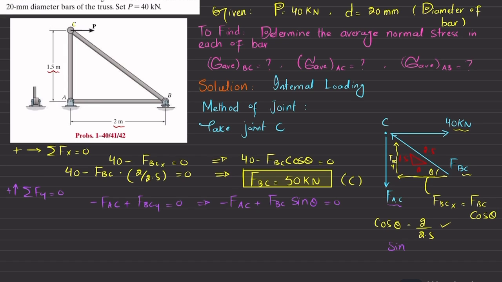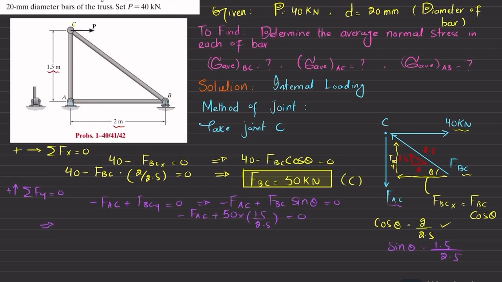And sine theta, you can see, is equal to perpendicular, which is 1.5, divided by hypotenuse, which is 2.5. If you put in the value, minus FAC plus FBC, which is equal to 50, so I put 50 into sine theta, that is 1.5 divided by 2.5, is equal to 0.